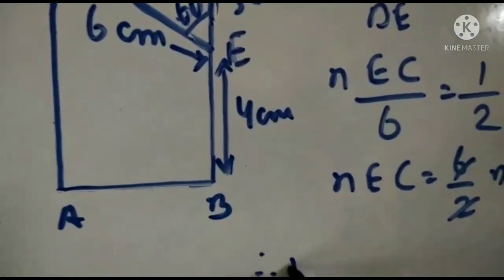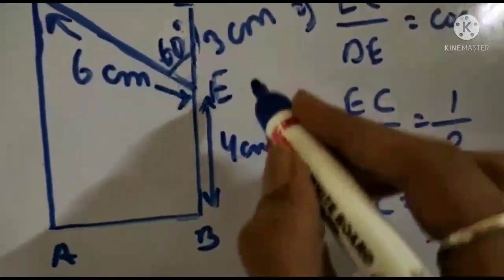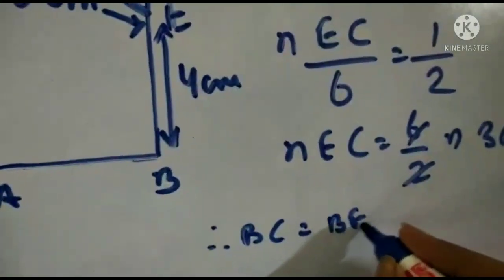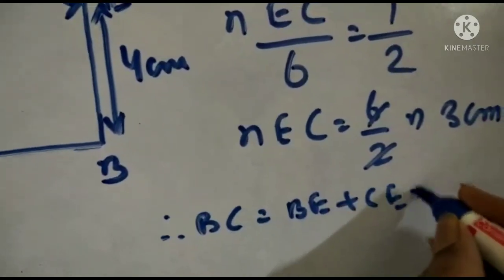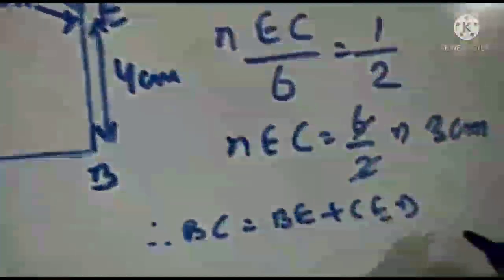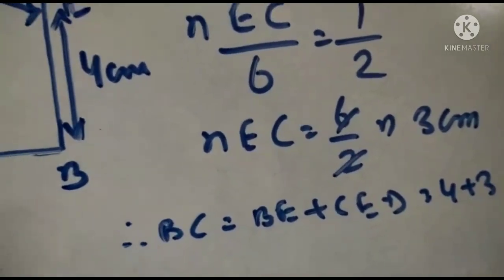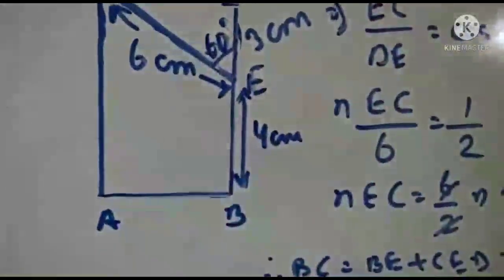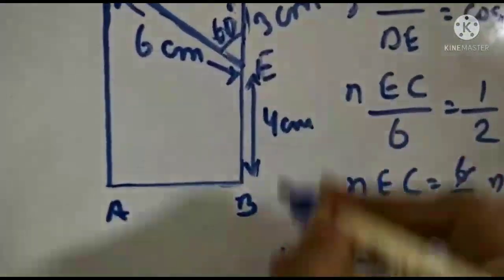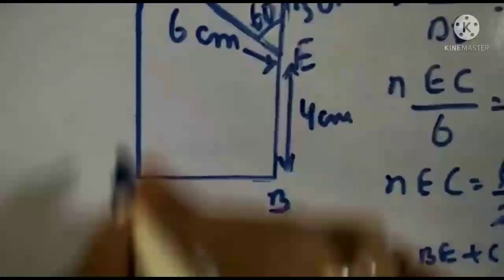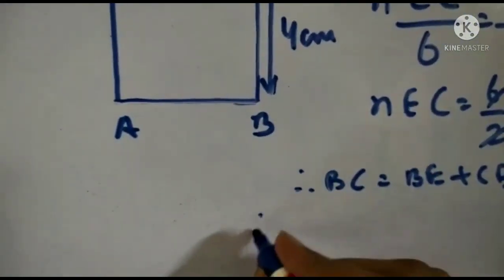Therefore BC will be BE plus CE. So BE means 4 plus CE means 3. So 4 plus 3, 7 centimeter. Now this complete length, BC, we have found 7 centimeter. Now see, if BC is 7 centimeter, then AD will also be 7 centimeter.